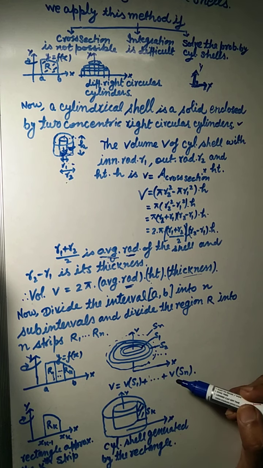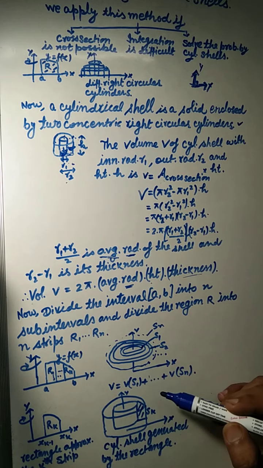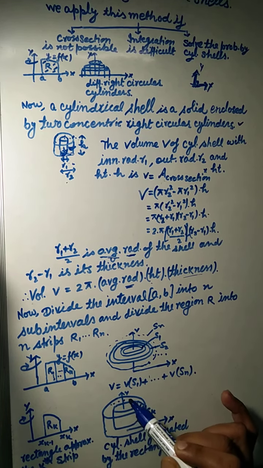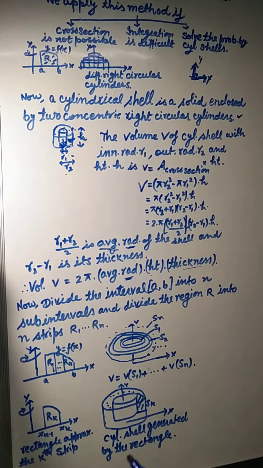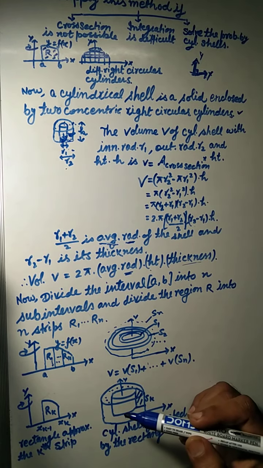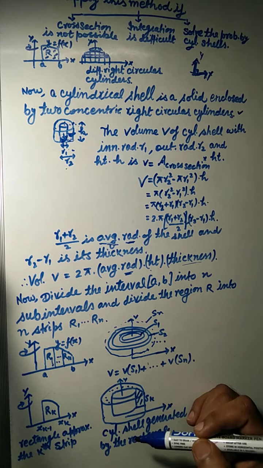Now we can say the tubes will have a curved upper surface, like in this way. So there will be no simple formula for their volumes.